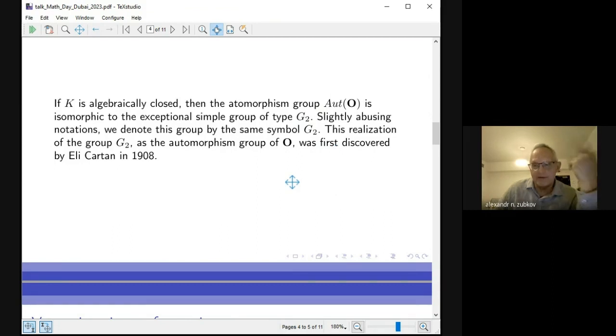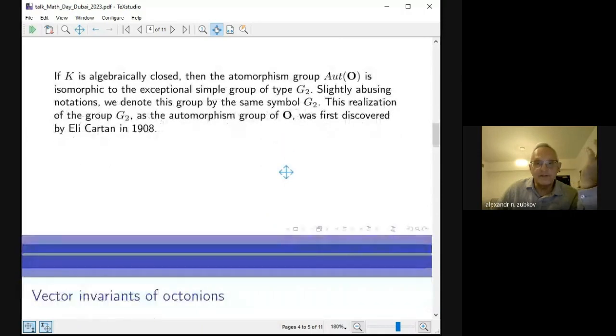By minimal, I mean that the octonion algebra is a simple model of the minimal fundamental weight for the group G2. It is the same sort of representation as the standard representation of the general linear group.